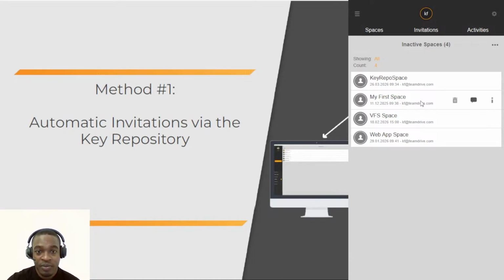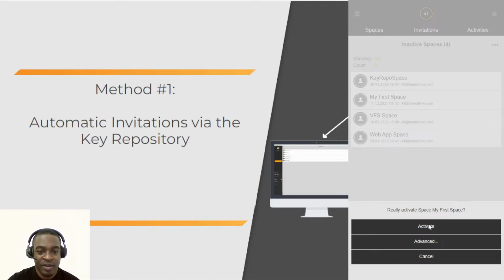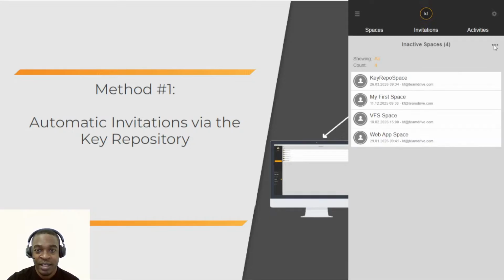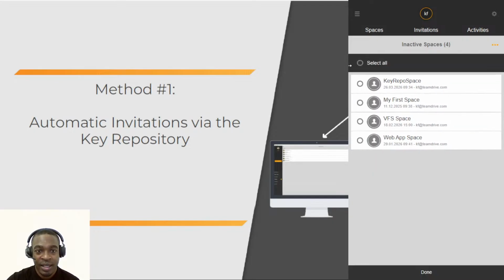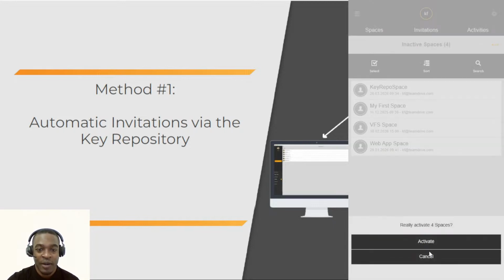For this, I will just activate all of them. I can activate them individually by clicking on them and clicking activate. Alternatively, I can click the three dots at the top, select all, and activate all of them at once by clicking done and activate. So I'll activate all four.